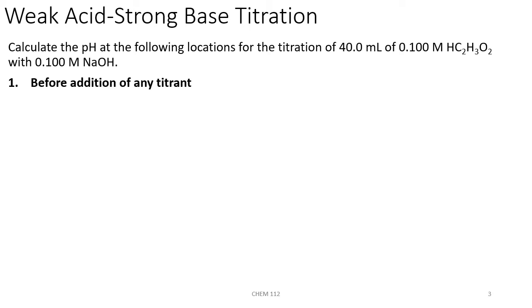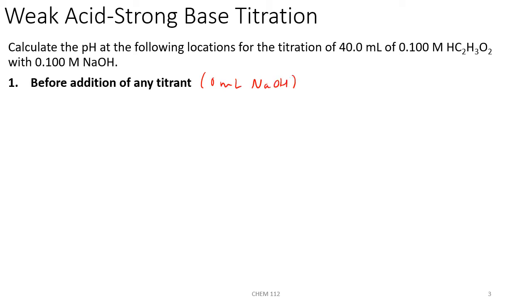Calculate the pH at the following locations for the titration of 40 milliliters of 0.1 molar acetic acid with 0.1 molar sodium hydroxide. Number 1, before the addition of any titrant. So we said that was going to be 0 milliliters of sodium hydroxide added at that point.